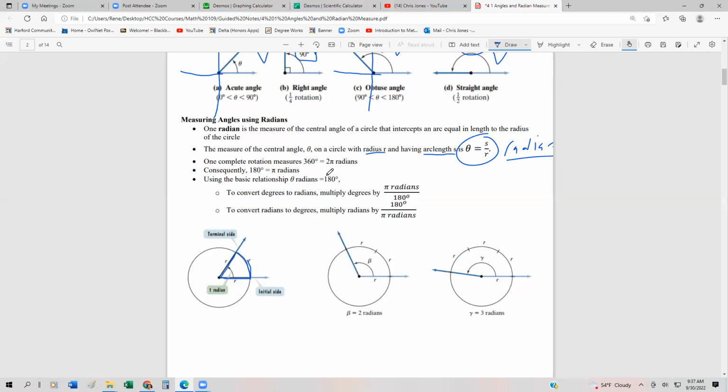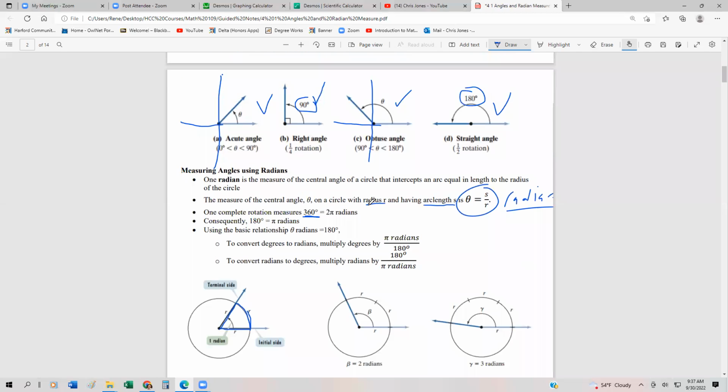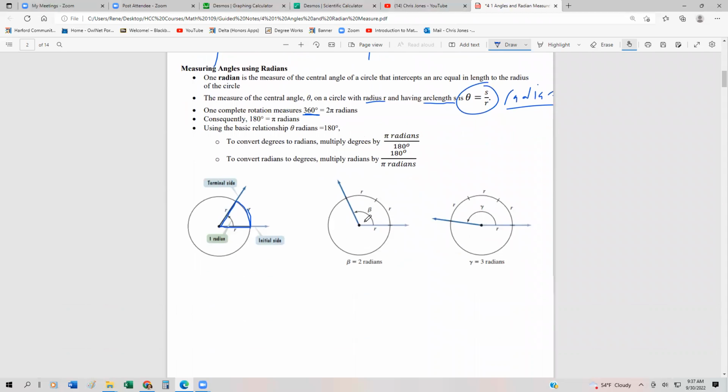Now remember we had 360 degrees as one of our measures before. Well, 360 degrees is equal to 2 pi. If we divided both sides by 2, that would give us that pi is 180 degrees. So basically, pi radians is equal to 180 degrees. This is the relationship we should use to convert back and forth between radians and degrees.